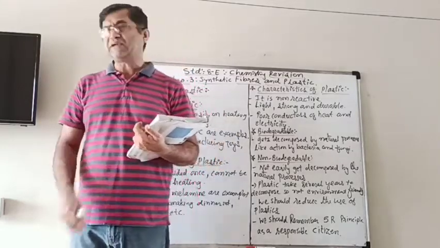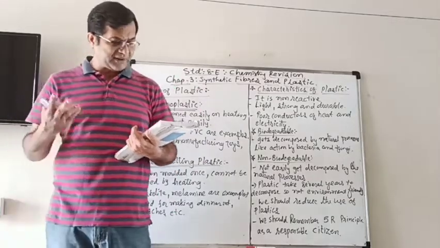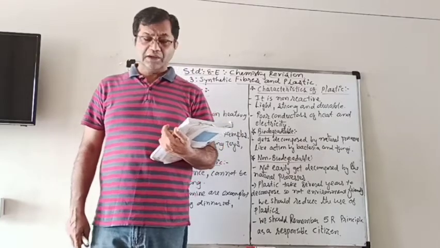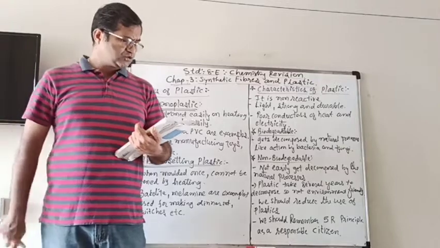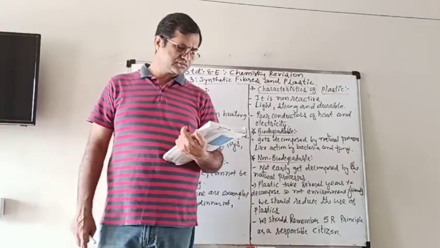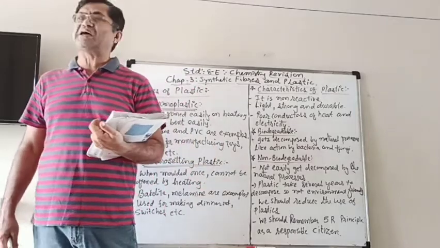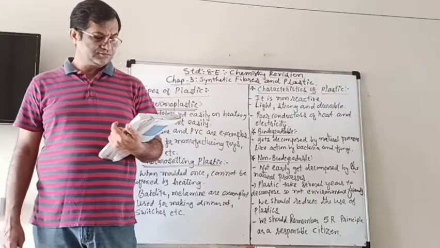But metallic containers are heavy in weight. Their price is also high, and therefore it is not easy to handle them. So in place of metals we can use plastics, because they are light in weight.